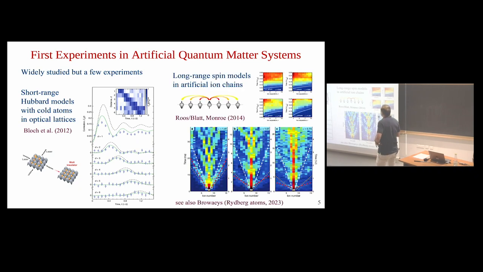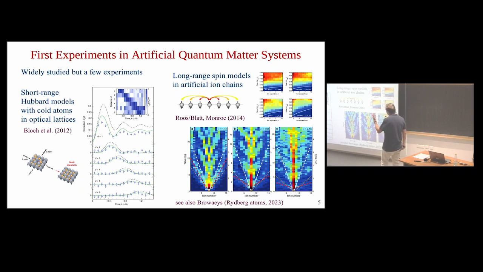Another kind of experiments that have been done are in long-range systems. The typical models are spin models that are interacting with an exchange that decays algebraically as a function of the distance. This has been realized in the group of Chris Monroe in particular. Here you have some results of a propagation as a function of position and time vertically. So position is horizontal and time is vertical here.